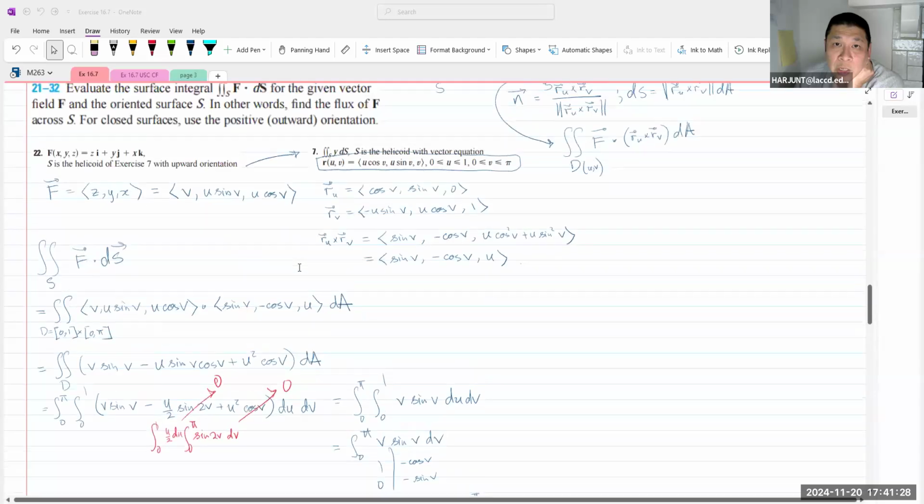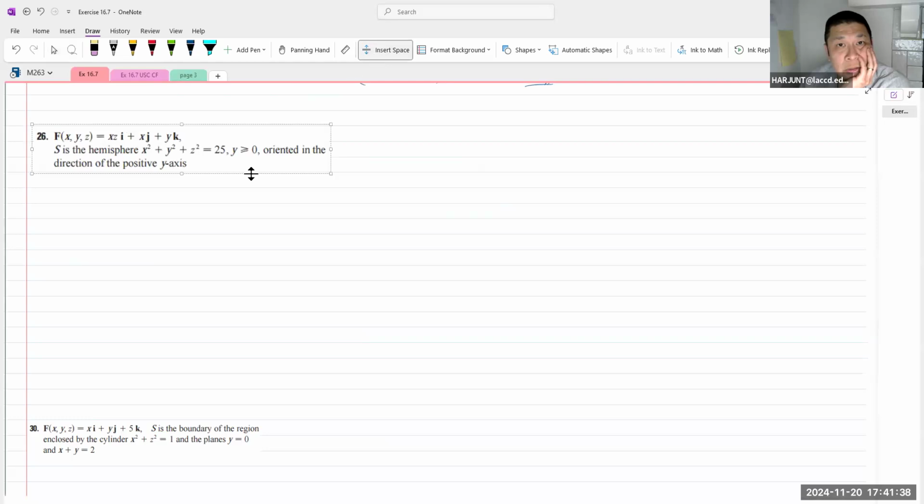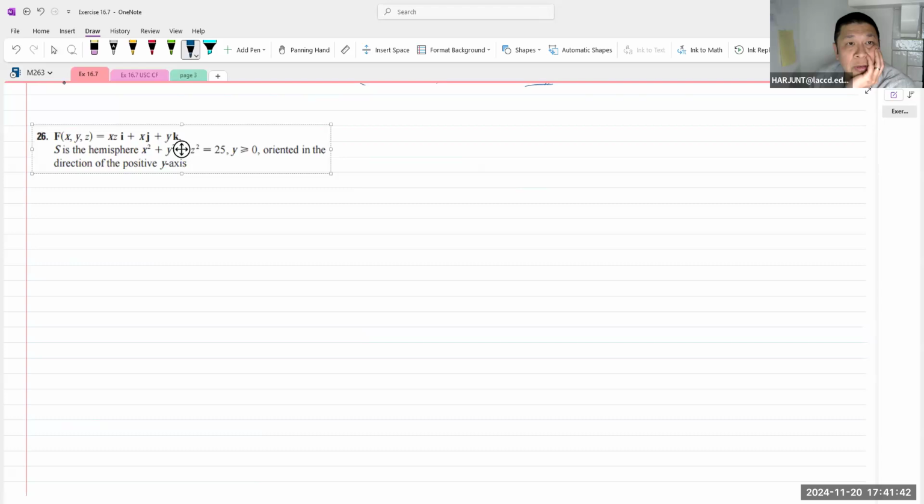Number 26. We have that vector field. Let me rewrite it first. Make it a bit larger, more space. So the vector field is xz, xy.